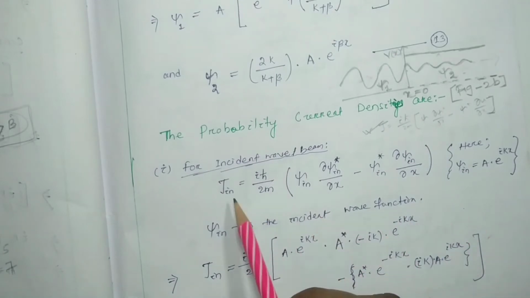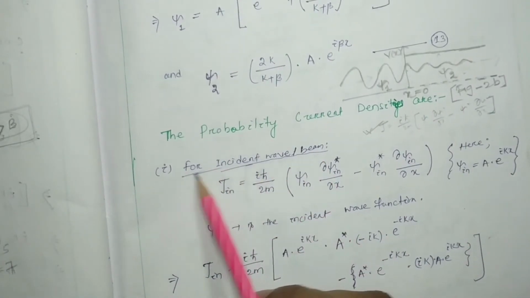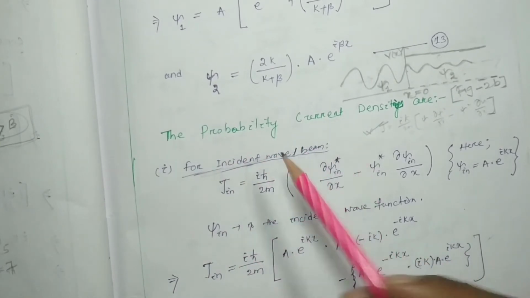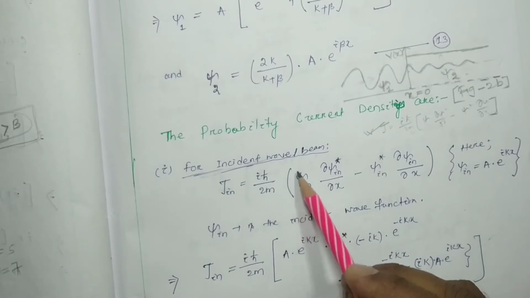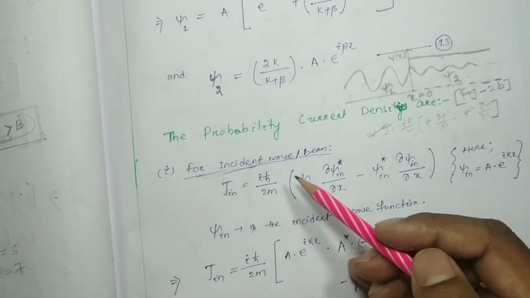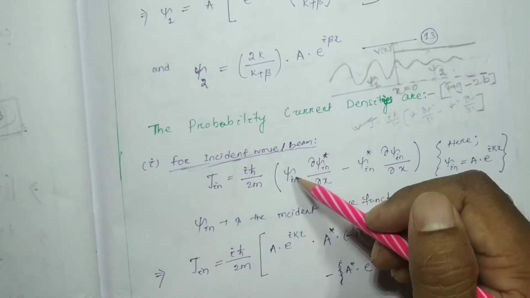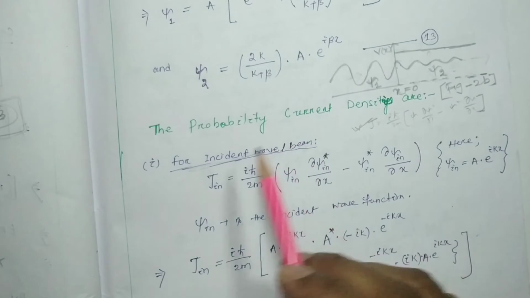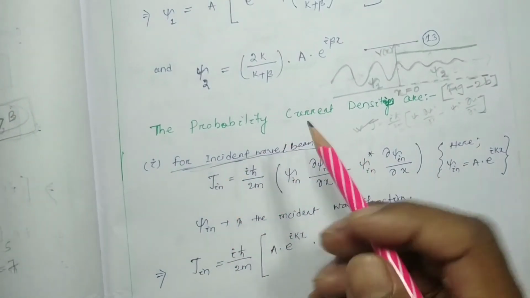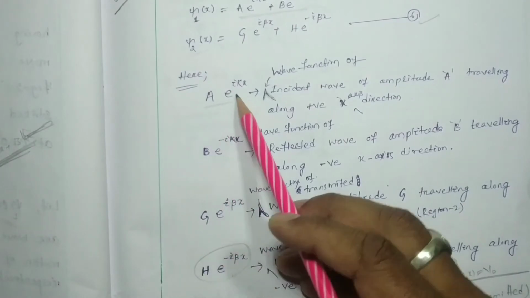Now we have to calculate for the incident wave. For the incident wave, what will the probability current density be? For that we have to consider the wave function of the incident wave, psi incident. And we know that the wave function of the incident wave is nothing but a e to the ikx, right?